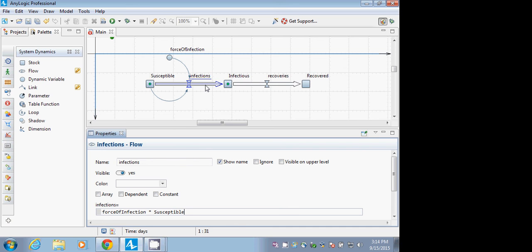And then it will be decreasing less quickly, right? Okay? And suppose now that the number of susceptibles has gone down from 1,000 to 500. How many people per day will be getting infected?